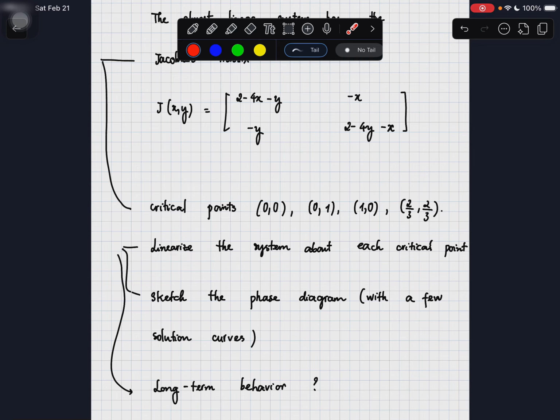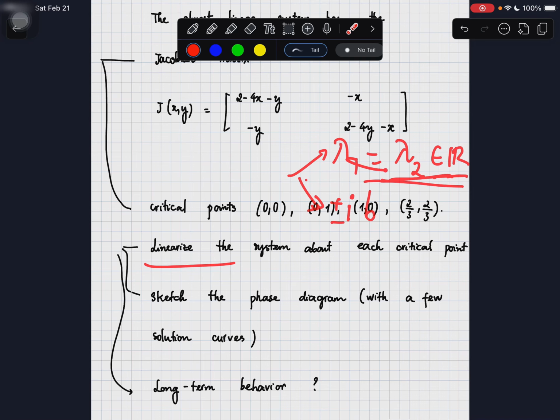The first case is the repeated real, so lambda 1 equal to lambda 2 real for the Jacobian matrix of the linearization. The second case is special where we have the pure imaginary plus minus ib. For the first case, you still know about stability. For the second case, you don't know about even stability.